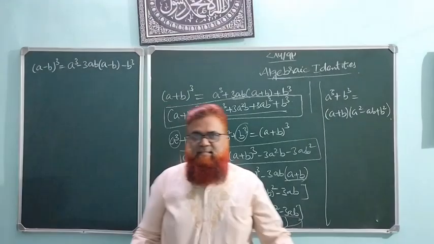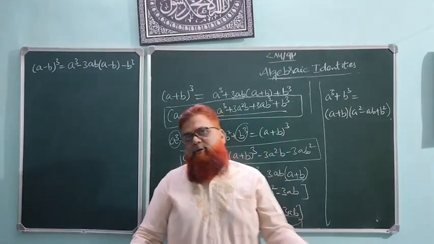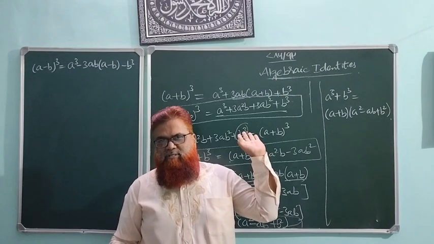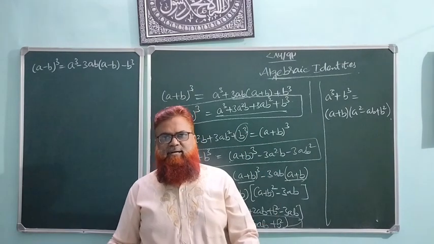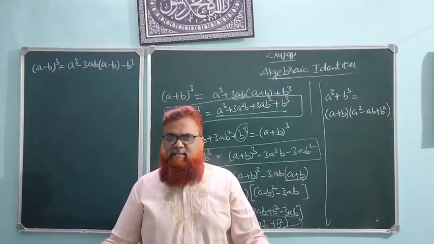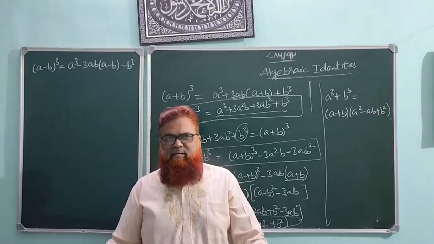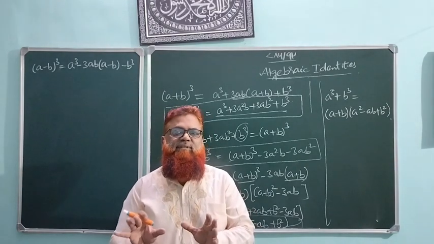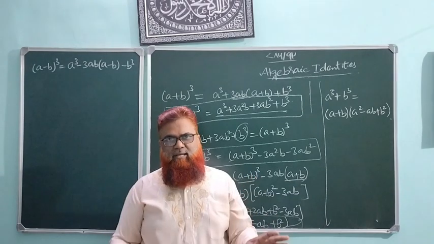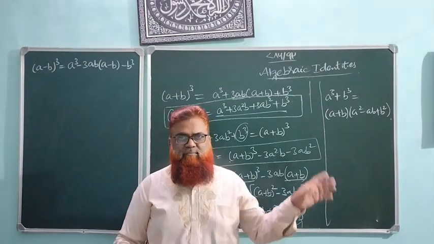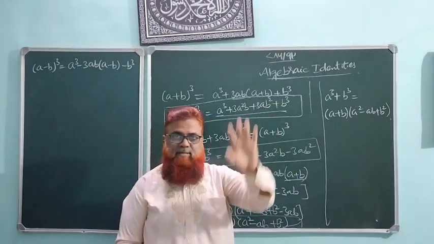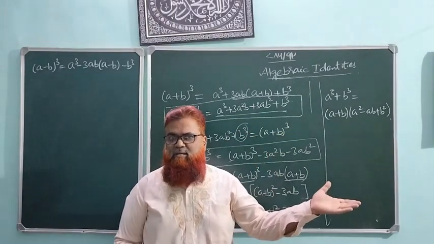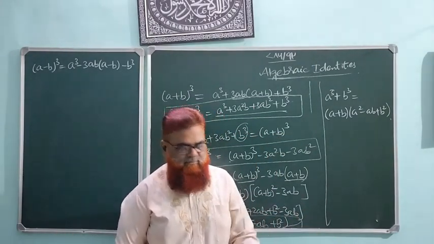This is our expansion. When you compare the positive identity and the negative identity, the powers and the terms are one and the same, only the signs are different. Here the signs are minus, here the signs are plus. For (a + b) whole cube plus, for (a − b) whole cube minus.